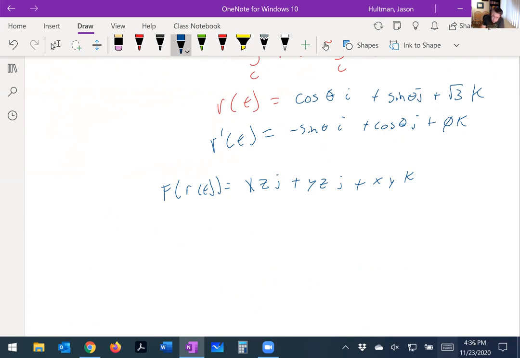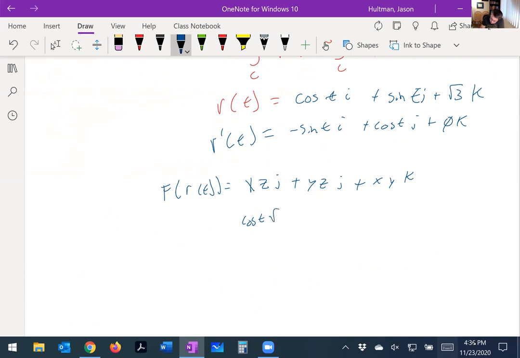Okay, this really is r of... I mean, we can use t's if I want. Let's go back to t's, just to make it consistent. So what is x? x is cosine t.